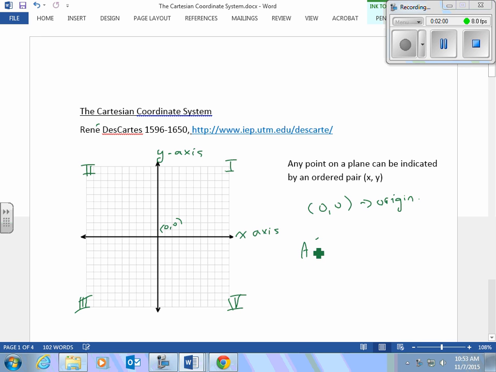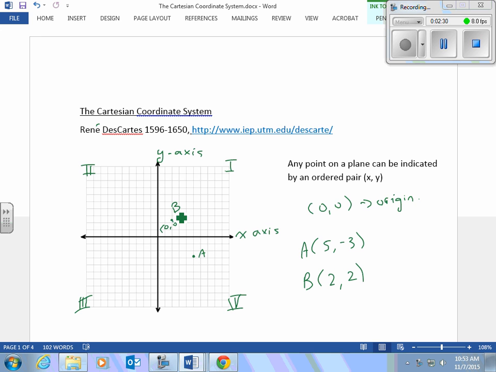So if I have the point A, 5, negative 3, I'm going 5 to the right and 3 down to get the point A. B, 2, 2 will be over 2, up 2. I apologize, the pen is not going exactly on the spot because I need to reorient the smartboard.